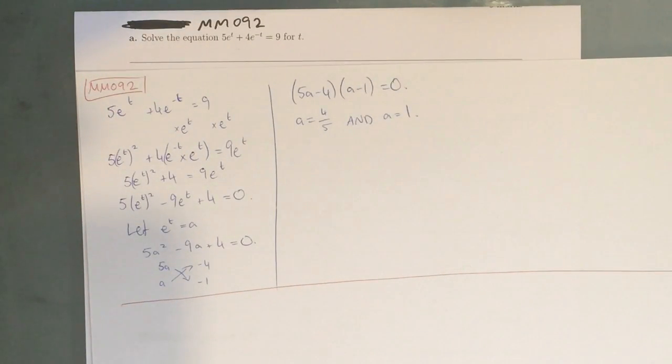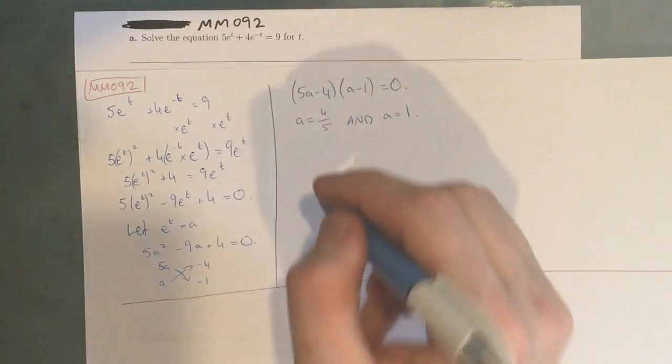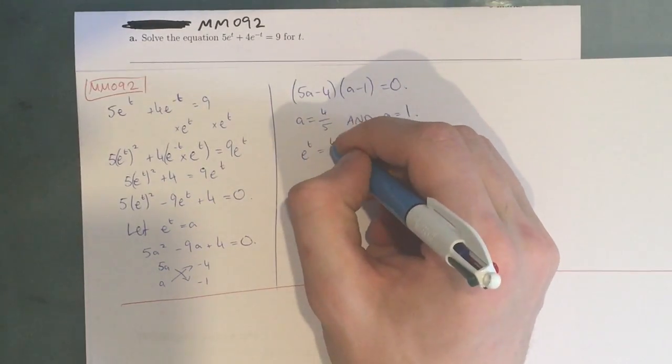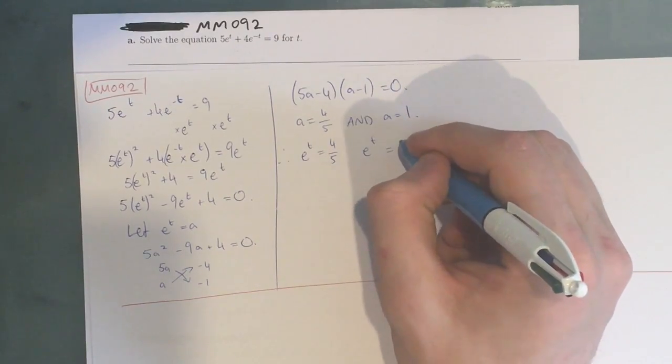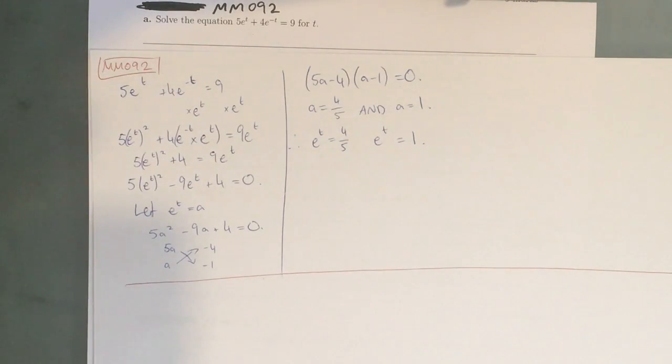And what does a equal? e to the power of t. So e to the power of t equals 4 on 5 and e to the power of t equals 1.